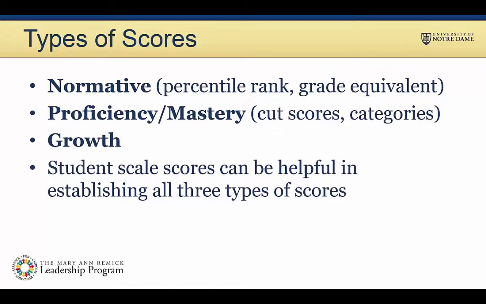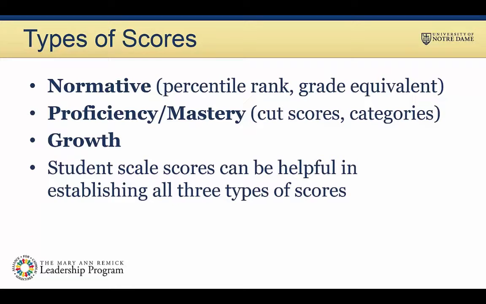The second type of score is proficiency scores or mastery scores. You'll often see these as cut scores: proficient, advanced, basic, that kind of language. And they're based on usually a certain percentage of content demonstrated as having been mastered. And then there are growth scores, and different tests identify growth in different ways, and it's important to be able to look at growth scores.